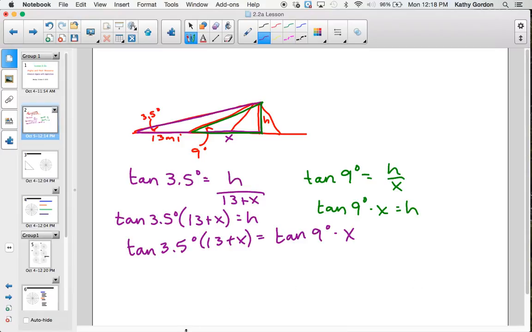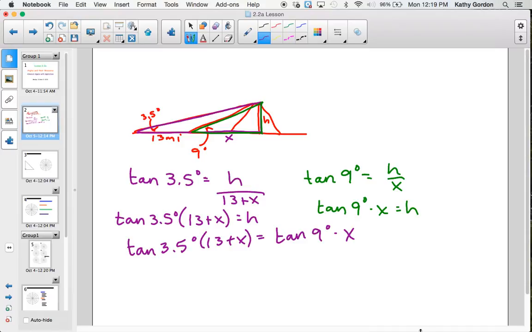Now I have one equation with just the x in it, and I solve for x. Now at this point, I probably have to actually go ahead and figure out what tangent of 3.5 is and tangent of 9 is, and work with some decimals that go out a few places, so it's fairly accurate. But this allows me to write one equation with just one variable in it to solve for that.